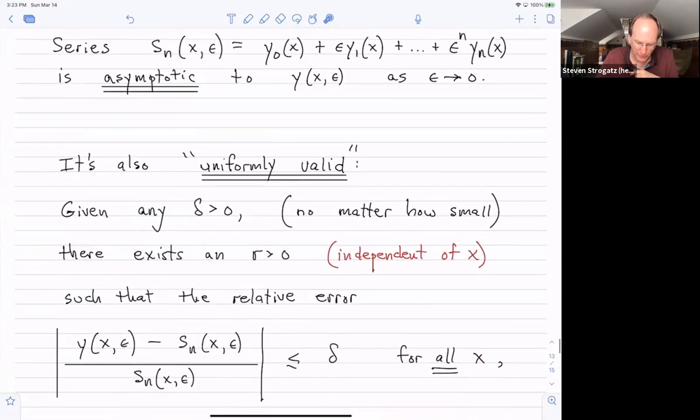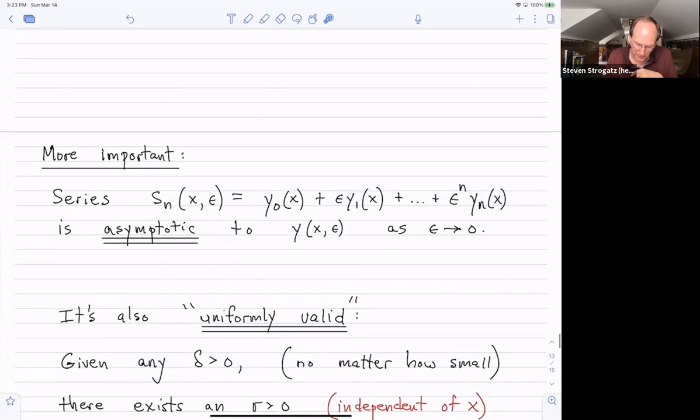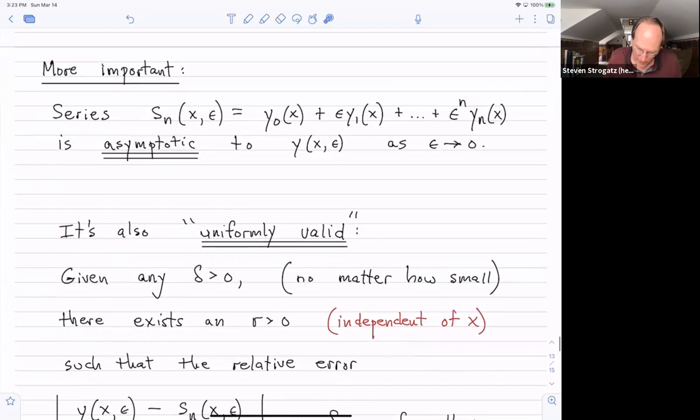So here's the official way of saying that. Pick some delta greater than 0. Think of it as a very small number, like a tolerance. It's how much relative error we can tolerate. So no matter how tight we want to make that relative error, there exists a number r, which is going to be a number that controls how big our epsilon can be. It's like a radius, not of convergence, but a radius for having uniform validity.